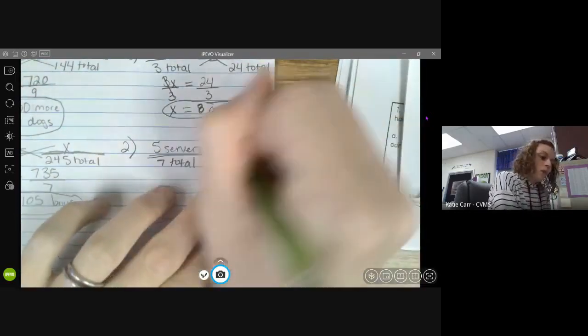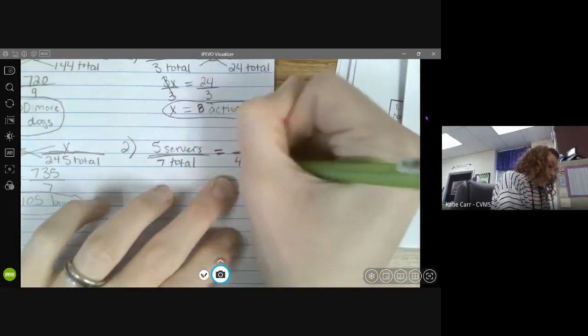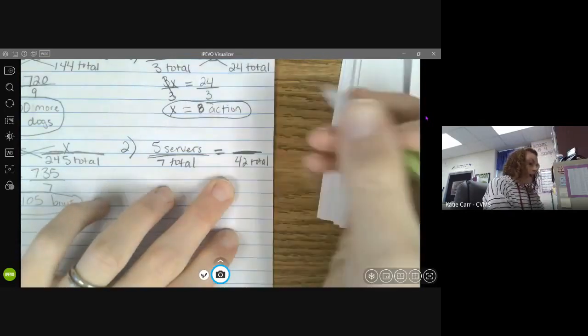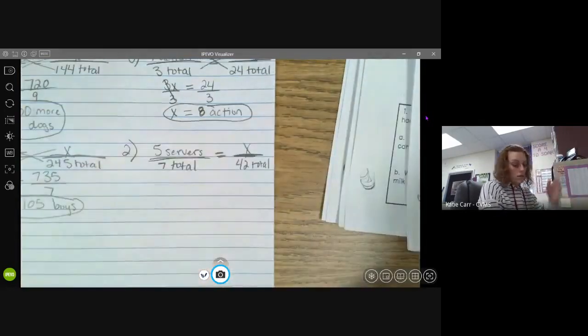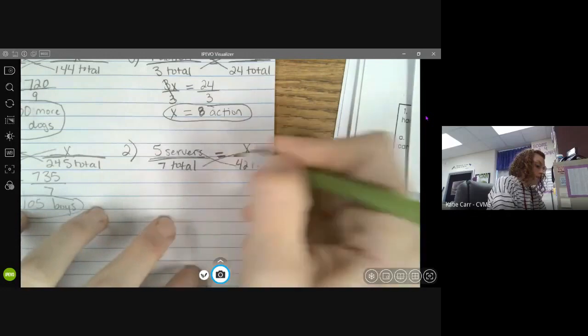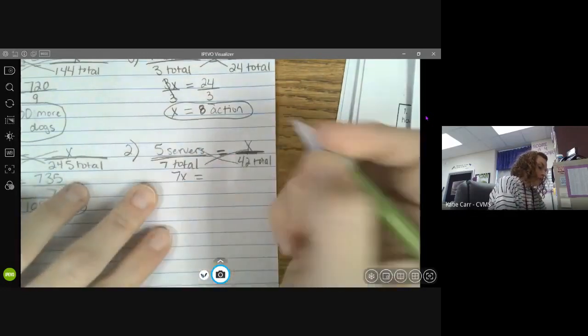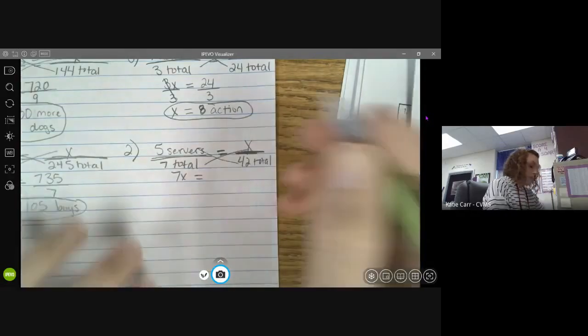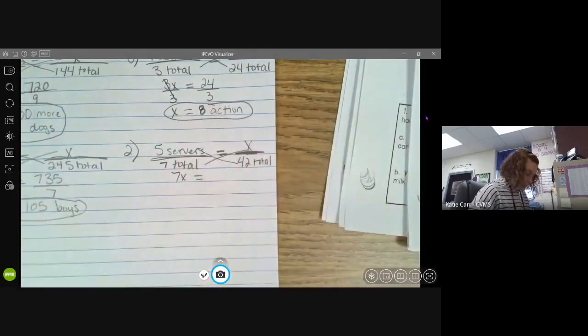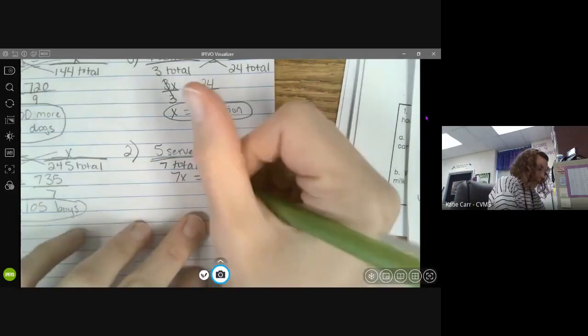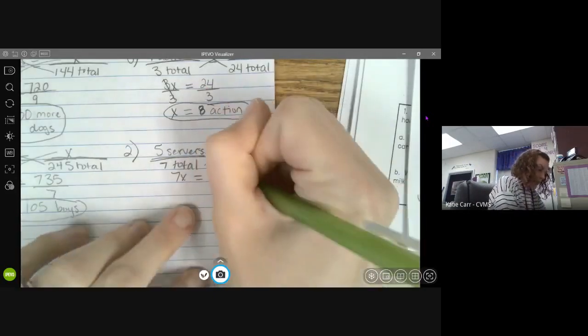So it was 42. 42 total. And then my X, I don't know what's on the top. So then I'm just cross multiplying, right? Yes. So 7X equals 5 times 42. 210. Yep. And then what do I have to do, Jasmine?